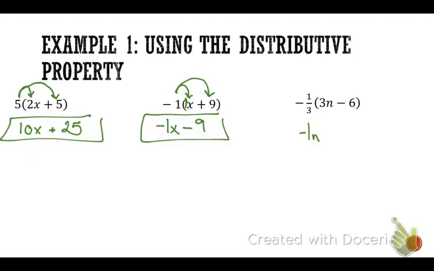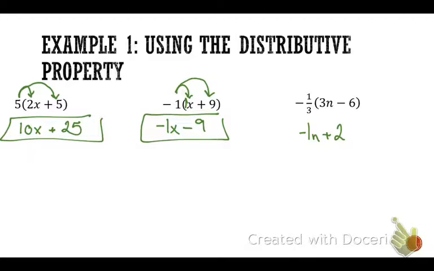All right, Hudson, what did you get when you did -1/3 times -6? Is it positive or negative? Positive. So that's why I said 2, because positive is understood. But remember, you have to put the +2 because you need an operation.